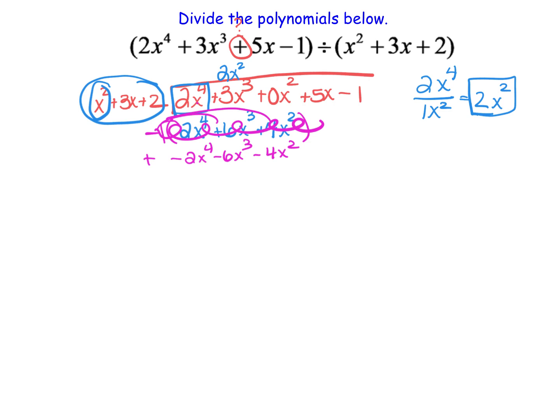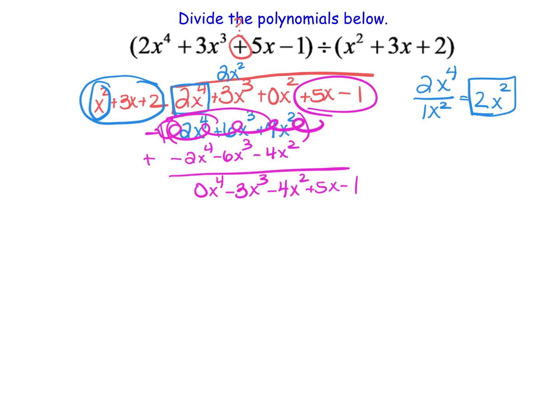So I take 2x to the fourth and negative 2x to the fourth, that gives me 0x to the fourth. 3 and a negative 6x to the third give me negative 3x to the third. 0 and negative 4 give me negative 4x squared. And then these final two terms just come right on down with the problem because there's nothing to add or subtract with.